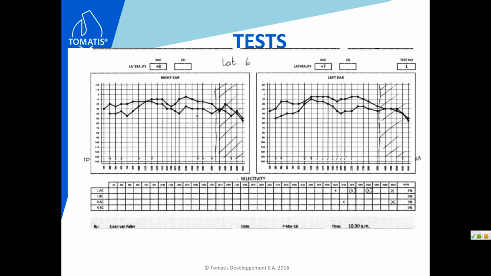Especially in the left ear, you see that from around 1500 to 3000 hertz. And in that same area in the right ear, there are gaps as well, but not as many. So the left ear, I understand, is more the emotional responsive ear.